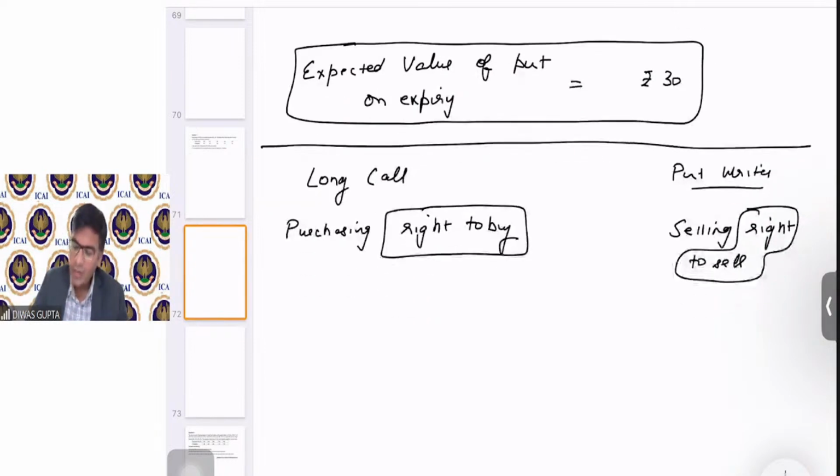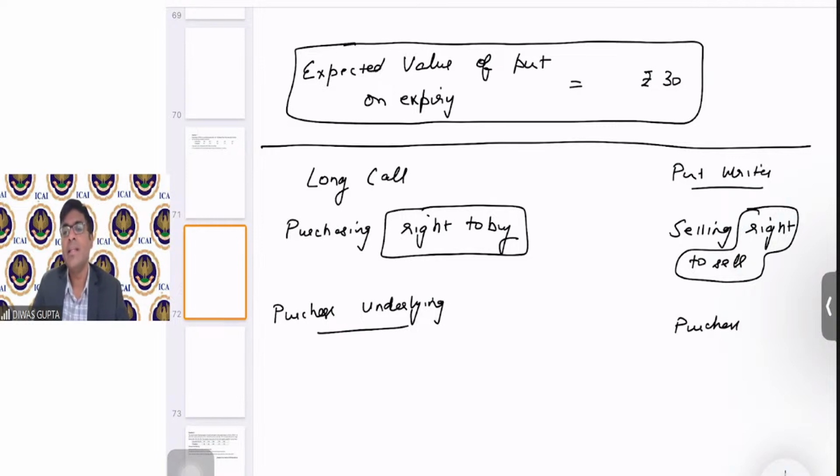Now purchasing the right to buy means that if the person exercises, the person will purchase the underlying. And similarly, in case of a put writer, the person who is selling the right to sell will also purchase the underlying. In case the option is in the money, then this person has to purchase the underlying.